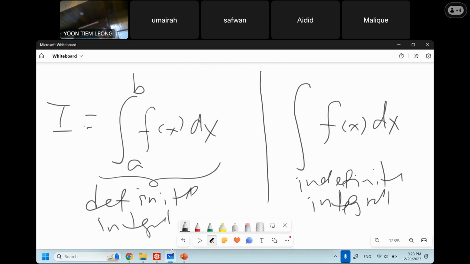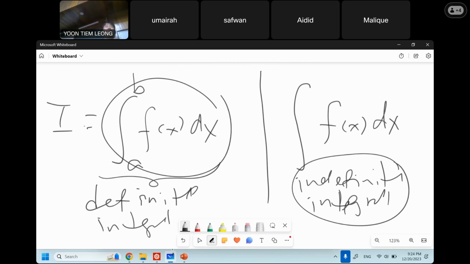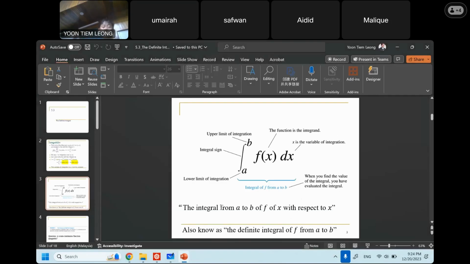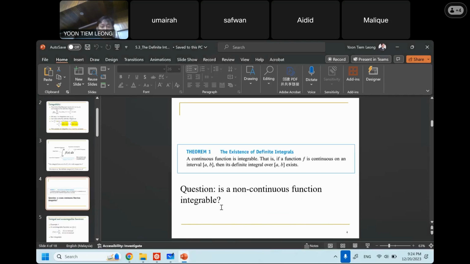Because the indefinite integral represents functions, the collection of all the antiderivatives, whereas the definite integral represents a number, which is the Riemann sum of a function. So these two should be considered as totally different pieces altogether, and you cannot equate them together, right? You cannot, because in principle these are two different things. Although they look very similar, they are totally different.